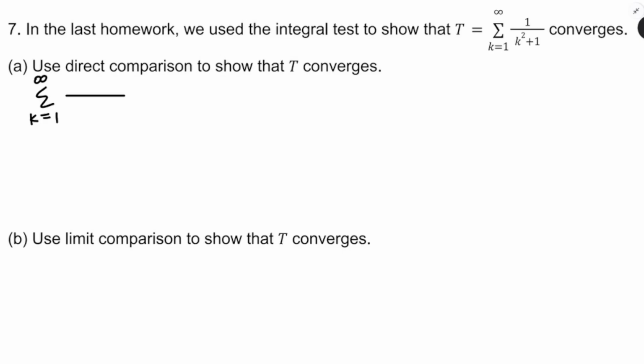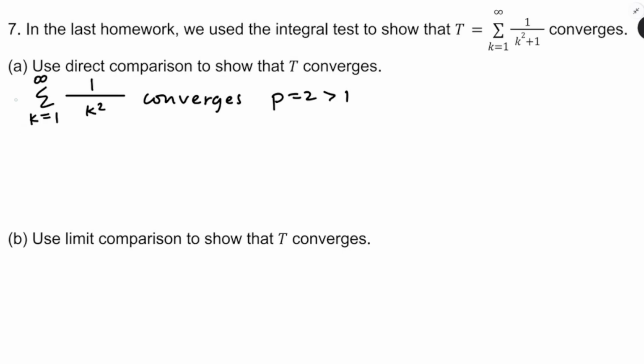I think I only gave that series a name the very first year I taught the class, forgetting about the limit comparison test, and I think I forgot about the limit comparison test again this year, at least in class. The series is 1 over k squared plus 1. That's what I'm interested in, I'll get there in a minute. So 1 over k squared converges because p equals 2 is greater than 1.